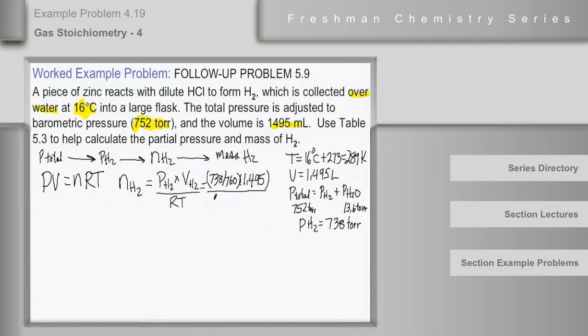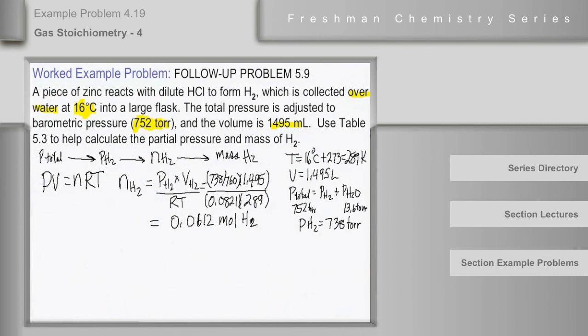And we divide this by, first, the universal gas constant, 0.0821, and then by the temperature in kelvins, 289. And if we carry out that arithmetic, we find that the number of moles of hydrogen is 0.0612 moles of H2.